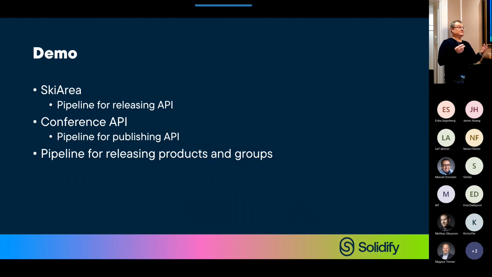Let's say you have some APIs that you want to expose. You could create a specification and go to the backend that could be there. So two different approaches. Ski area, we own the entire package. And the conference API, we are only releasing the specification and the settings into API management.